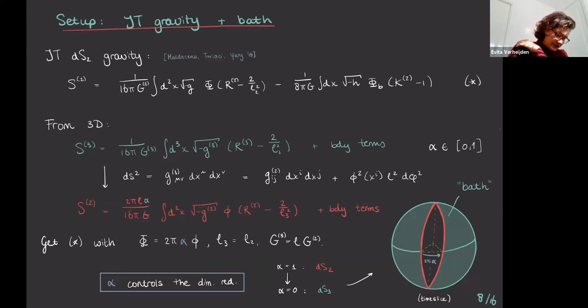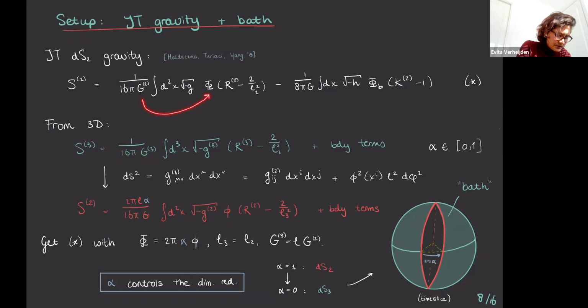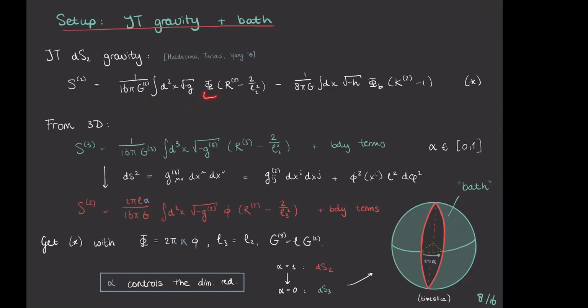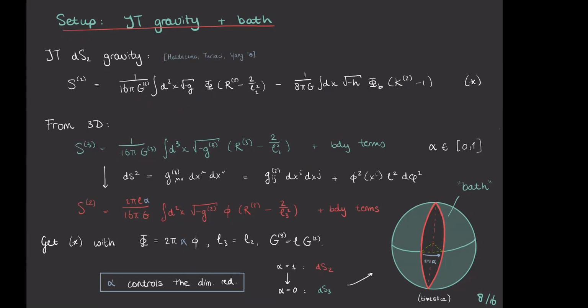No, so what we're saying is that here in this action, a divergent phi can also be interpreted as G going to 0. That's sort of the trade-off that we're making. That's exactly why I was asking what's the relation, because it seems like the relation you wrote does not seem to have any phi there.